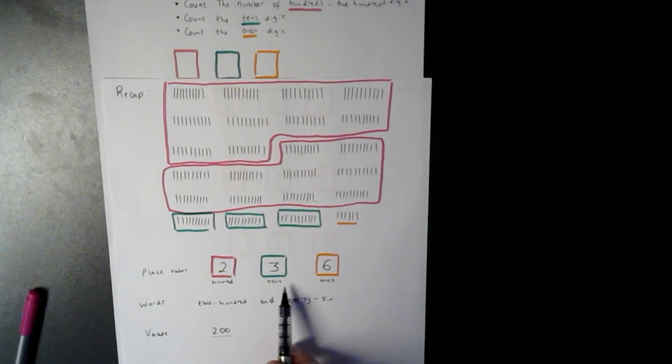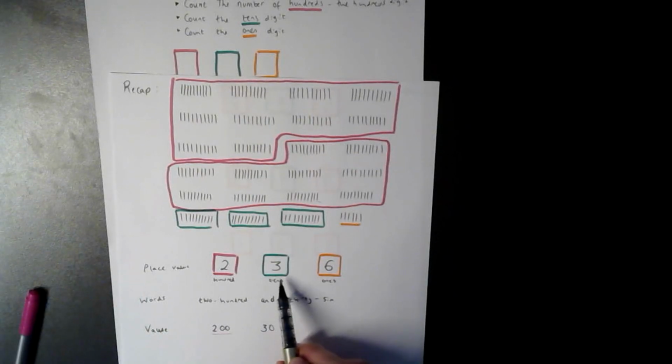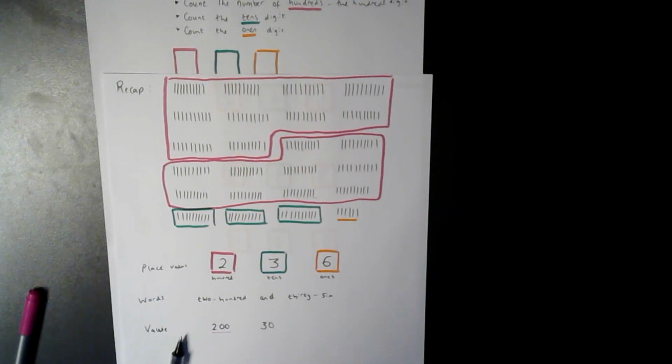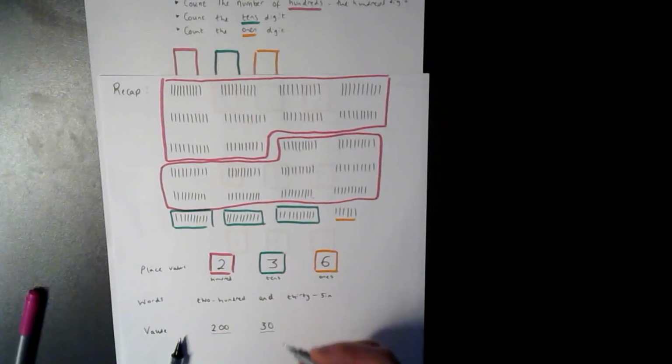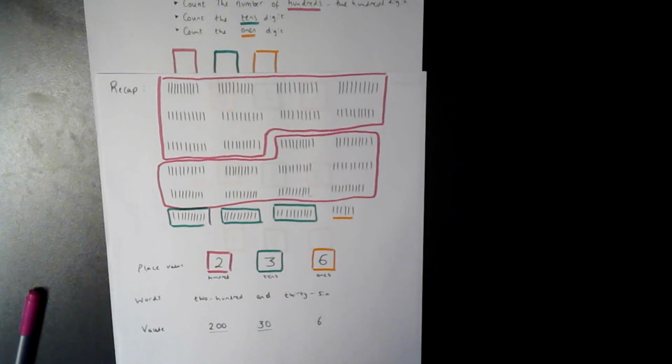And then this 3 tens, well, if it's 3 tens, we would write that as 3 and then 0, because there's 0 ones. So 200 would be 200, because it's 2 hundreds and then nothing. 3 tens is 3 in the tens digit and then 0 to the right of that. And then 6 ones is just the number 6, because it's 6 in the ones digit.